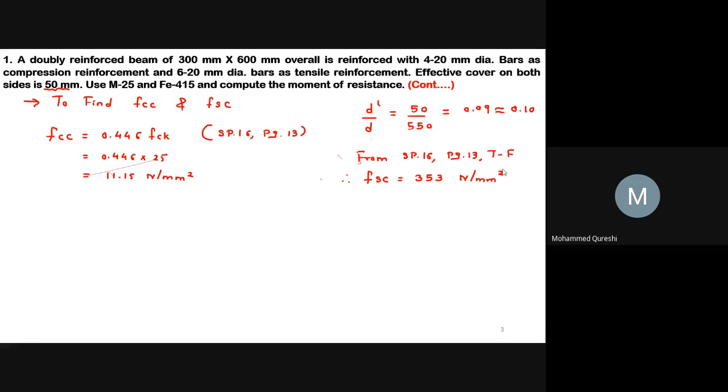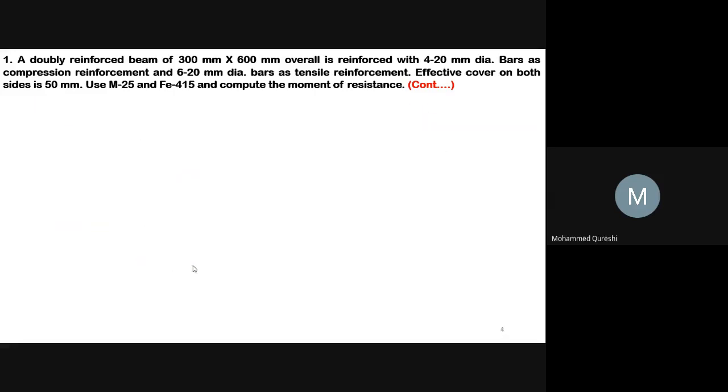Now we have to calculate the value of XU, and as we discussed earlier, to find the depth of neutral axis XU, we have the equation C1 plus C2 equals T. Hence, as we know that value of C1 is 0.36 FCK B into XU, plus value of C2 is FSC minus FCC into ASC, equals capital T, which is nothing but 0.87 FY AST.